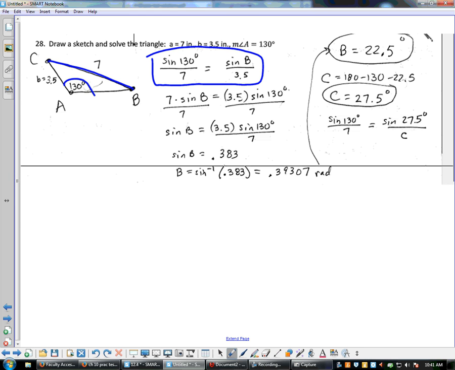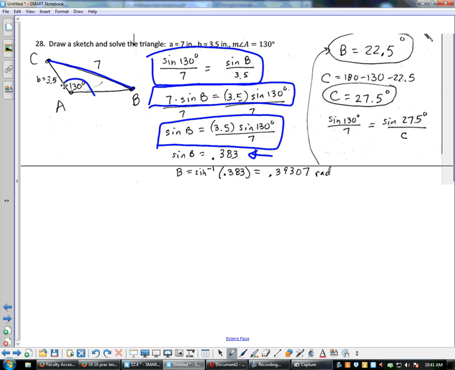I cross multiplied and got 7 times sine of B equals 3.5 times sine of 130. I divided both sides by 7 and got sine of B equals 3.5 times sine of 130 over 7. I plugged that into the calculator and ended up getting sine of B equals 0.383.